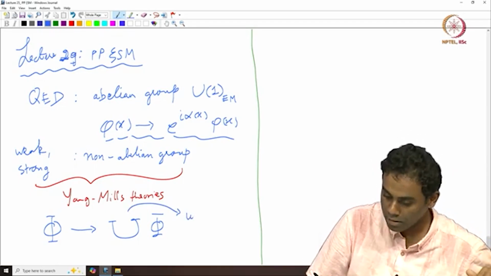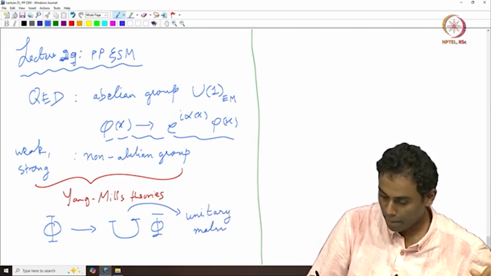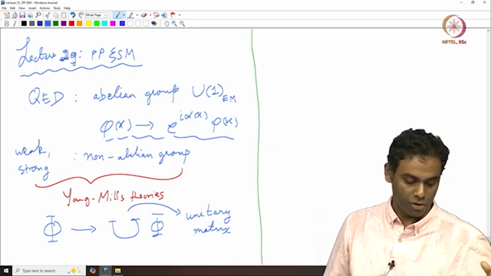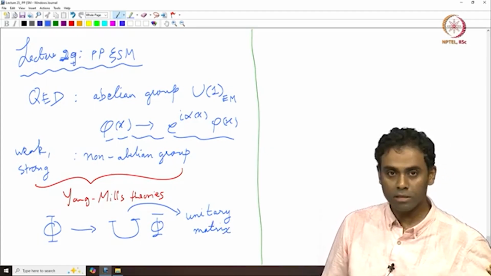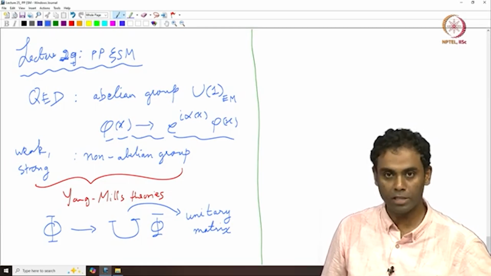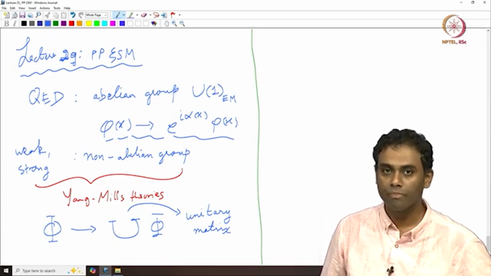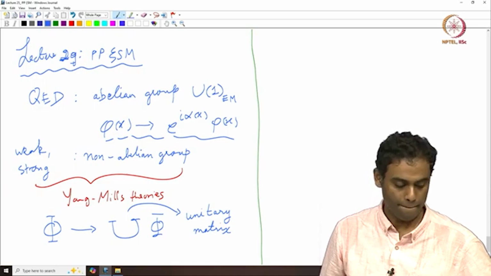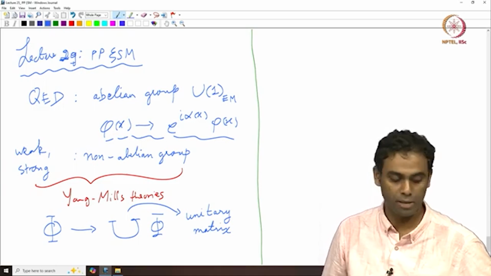In fact, it is a unitary matrix. As long as the theory is invariant under this transformation, and if the unitary matrix has more than one dimension, you have a non-abelian theory. You have a Yang-Mills theory basically.